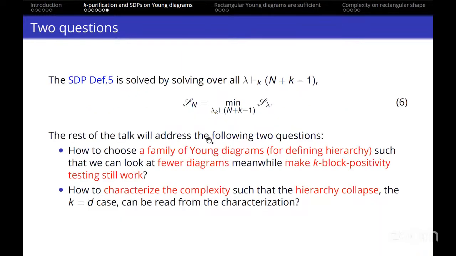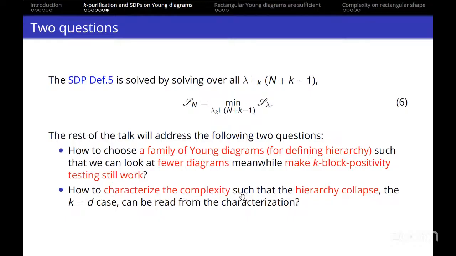But we face two questions: how to choose the family of Young diagrams, because as the number increases there are many possibilities, and second, it would be tremendously difficult to solve all the blocks. And the second question is how to characterize the complexity.